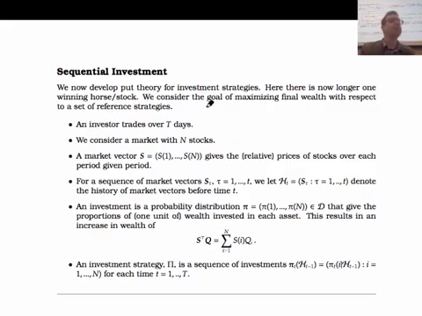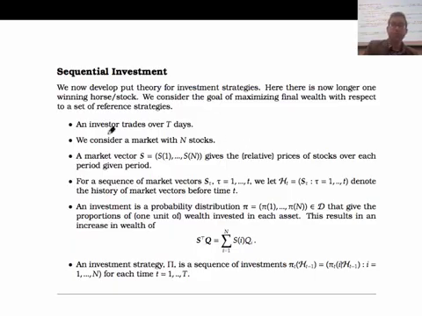We're going to be given some strategies of investing in the different stocks. It could be just investing in a single stock, but we could consider more complicated things than that, where you have some portfolio balanced between the different stocks. And within those reference strategies, we want to come up with an adaptive strategy that performs better, or at least as well as, the best of those.